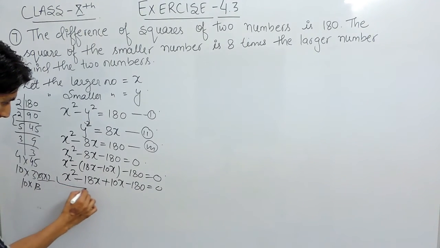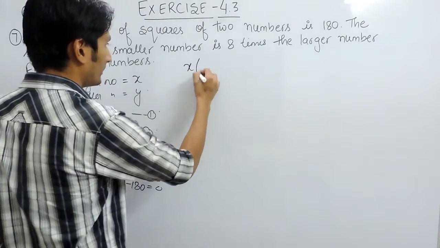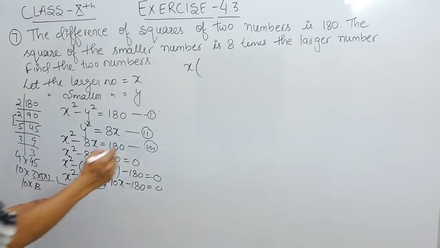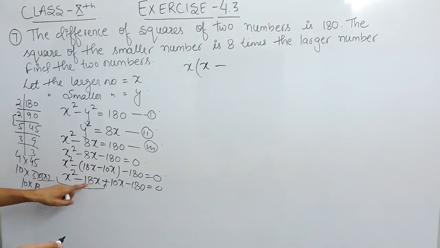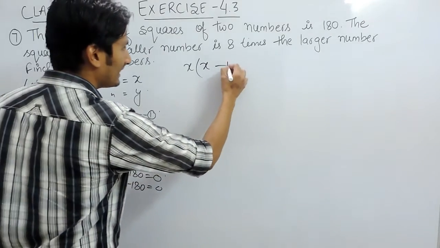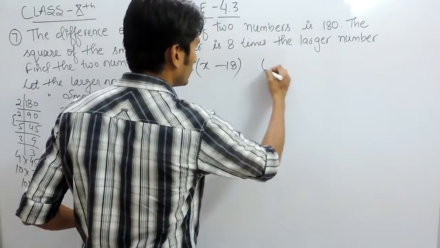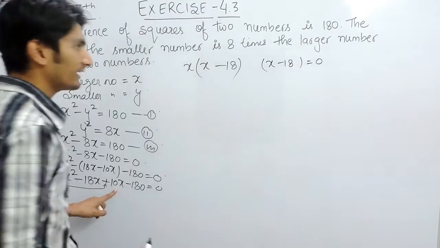From the first two terms, we can take x as common. So I am taking x as common, and if x is taken out from x square, only x will remain inside the bracket, and from 18x, if x is taken out, only 18 will remain inside the bracket, with a negative sign. Now we have to take something common here, so that inside the bracket x minus 18 will remain.